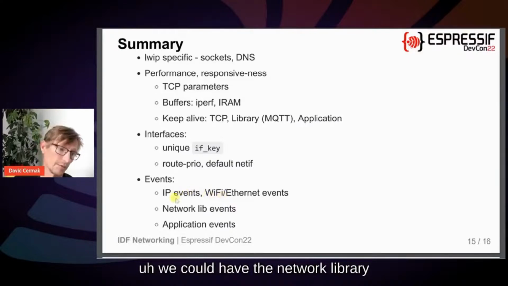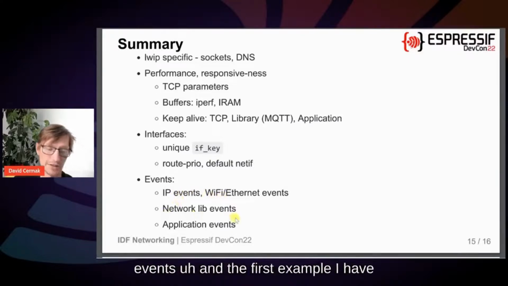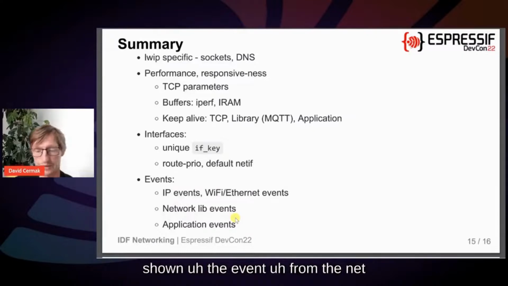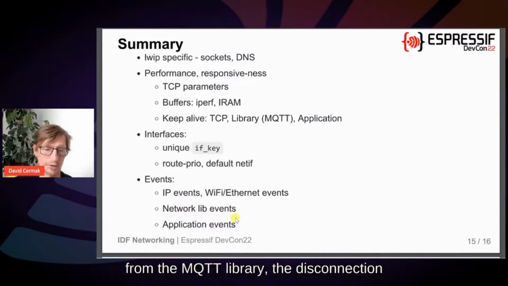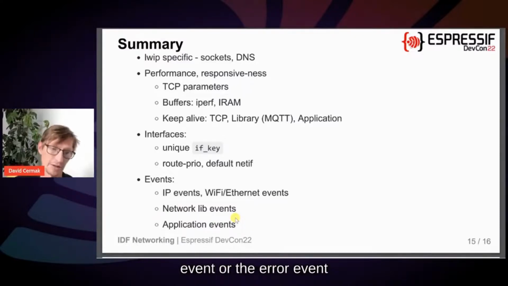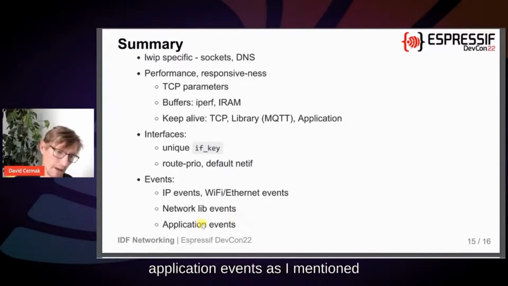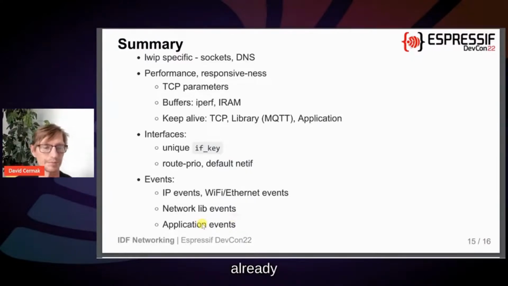We could have network library events, and in the first example I showed the event from the MQTT library, the disconnection event, or the error event. And we could also have application events, as I mentioned already.